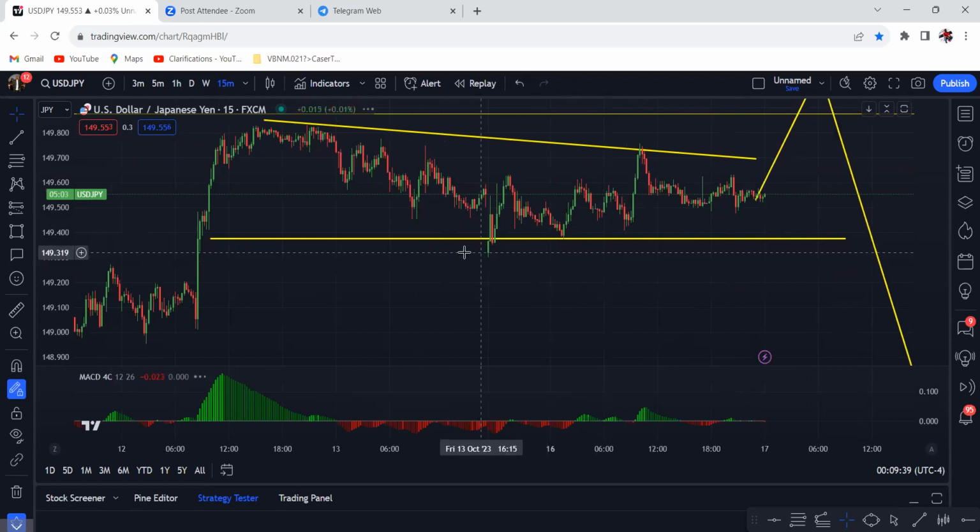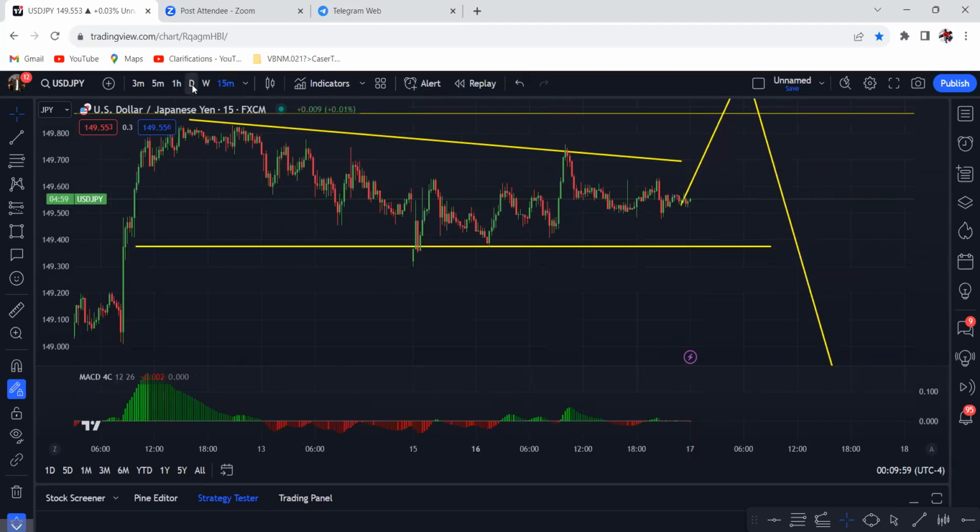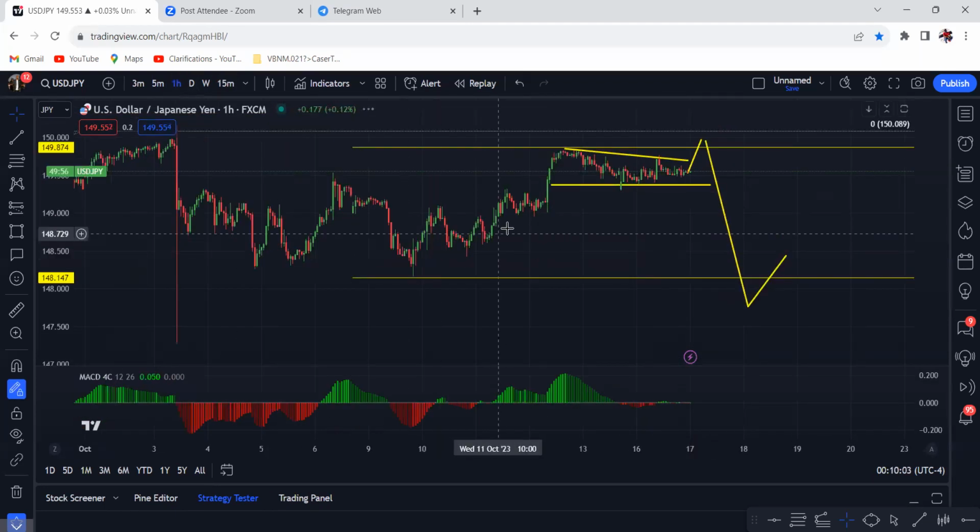Again, if this is going to really break down, we would need a breakout of here, right? So 1 hour, last low, right here, measuring this leg. So yeah, this is perfect. And this is why you want to have everything in place.